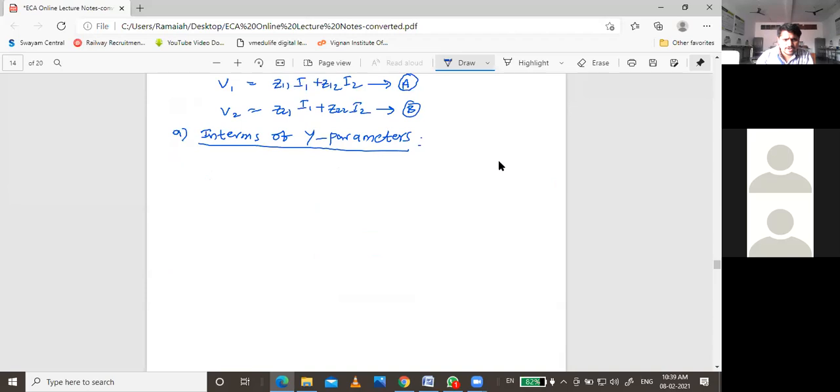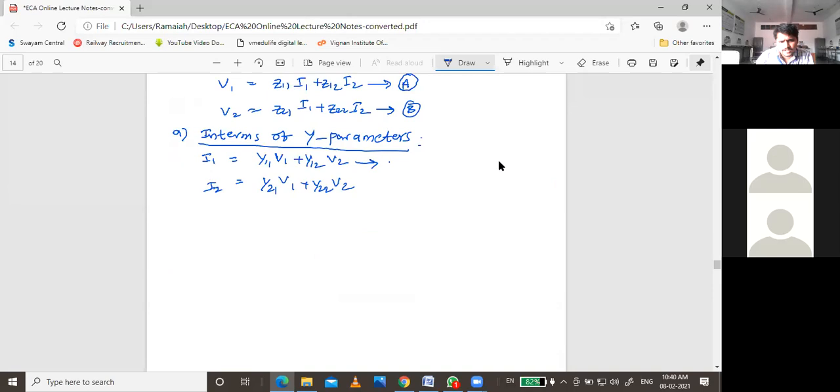Now, what are the equations of Y parameters? I1, I2, the port 1 and port 2 currents, are functions of port 1, port 2 voltages V1, V2. I1 equals Y11 V1 plus Y12 V2, I2 equals Y21 V1 plus Y22 V2.